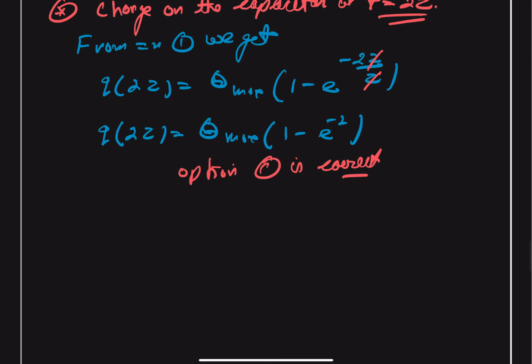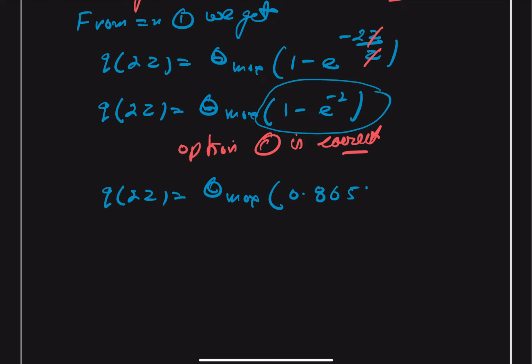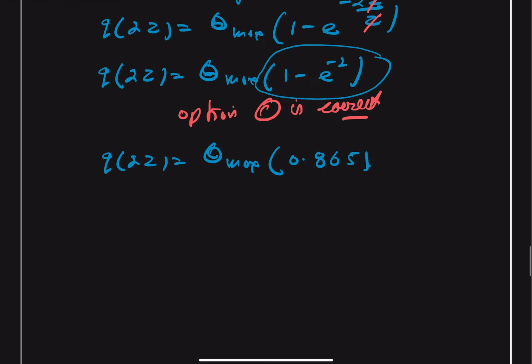But we can also solve it further. Q of 2 tau will be equal to Q max times 1 minus e raised to the power minus 2, and this comes close to 0.865. So from here we can make one important conclusion also.